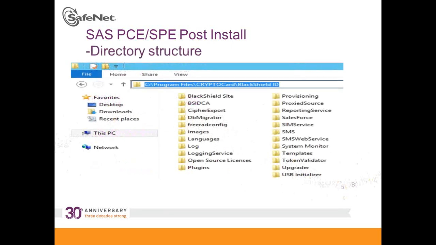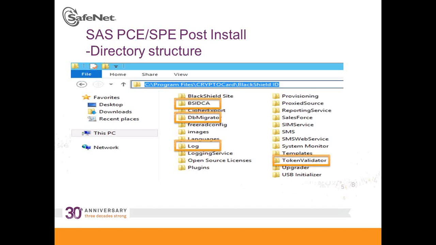And we'll take a look at some application pools. So once the installation has been completed, you will see under C Program Files, CryptoCard, Black Shield, this is our directory structure. Now, I'm not going to go through every single one of these items. I've picked out a few key ones that I think will be important to you, and they are as follows. The BSID CA, which is the WSDL.